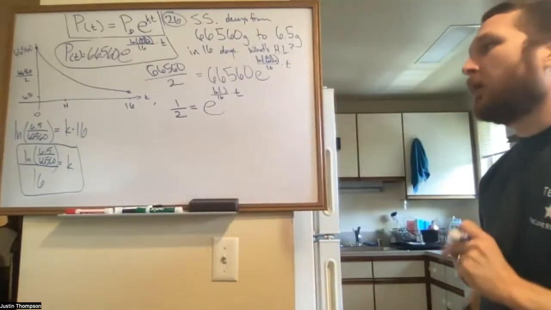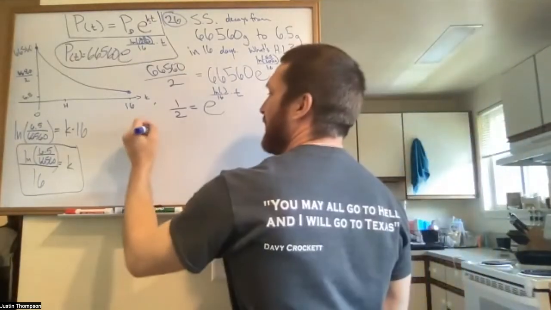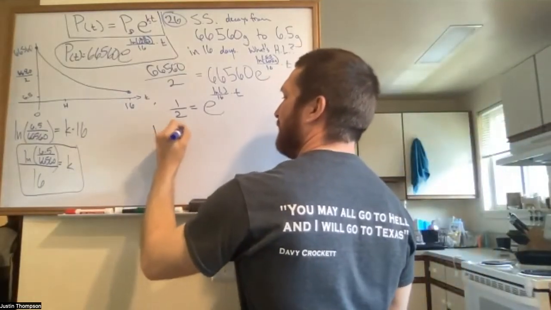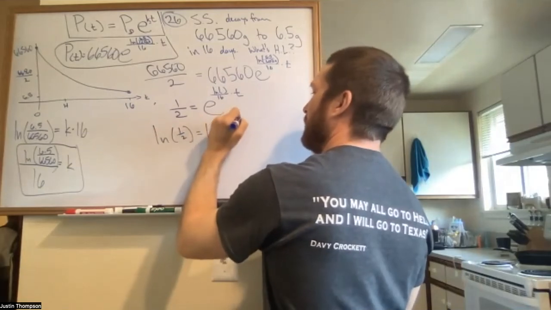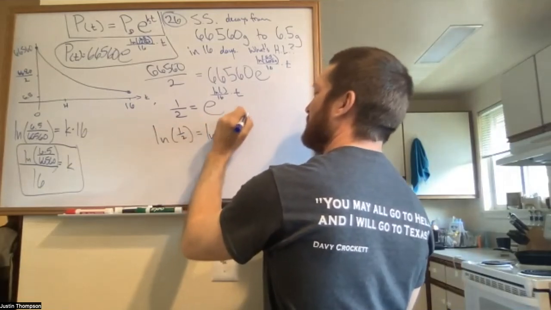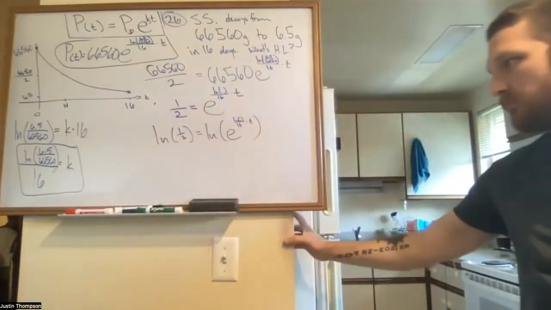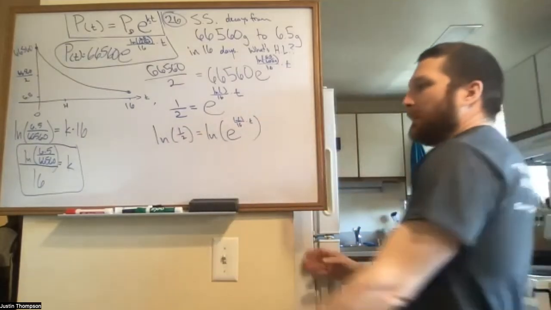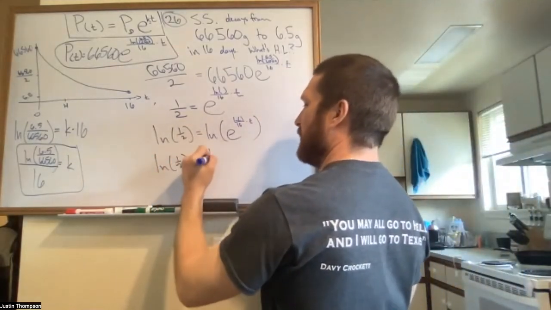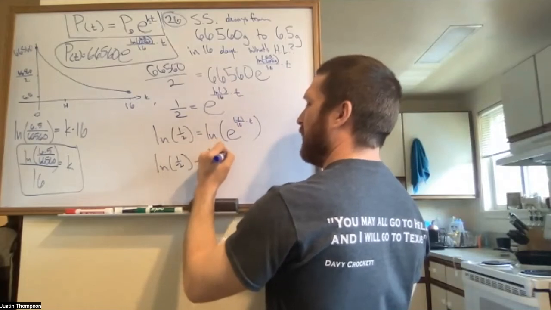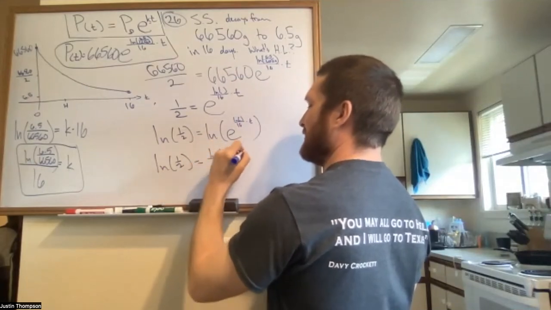Take the natural log of both sides, and I get natural log of 1/2. That looks familiar. Natural log of all this stuff over 16 times t. That makes that stuff pop out. And so I have the natural log of 1/2 is equal to natural log of all that stuff over 16 times t.